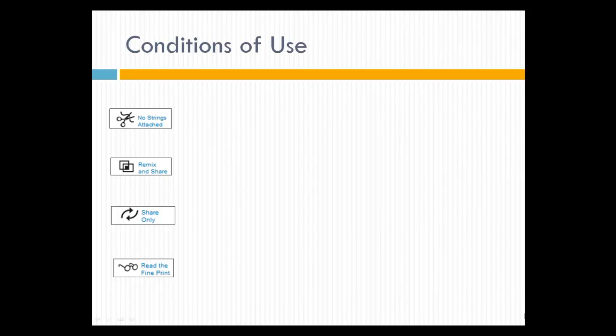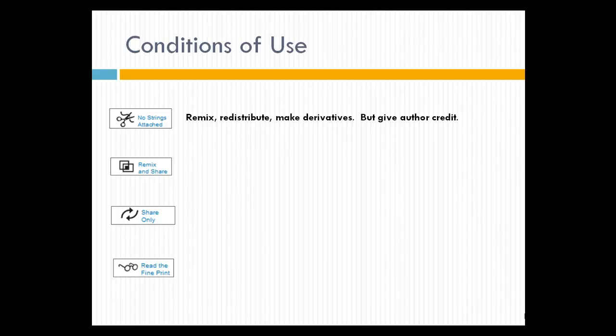It's also important to know that open educational resources come with various conditions of use. When you see the "No strings attached" icon with a resource, it means that there are no restrictions on remixing, sharing, or making derivative works, as long as author credit is given.